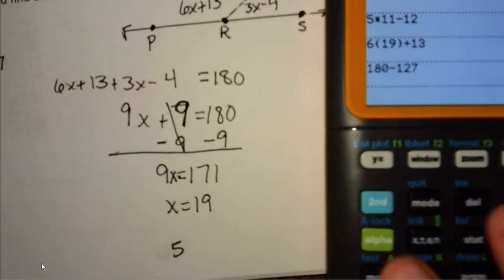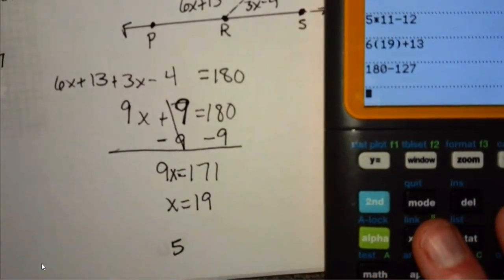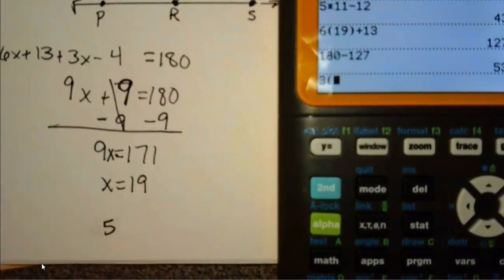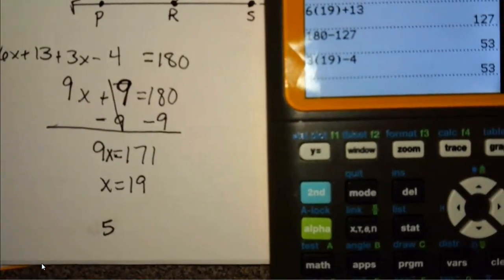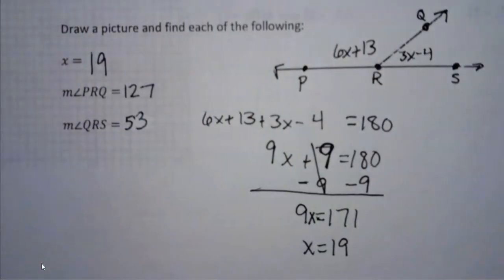If we did it wrong, it's going to be something else. 3 times 19 minus 4. Yay, it's 53. Okay, we did it right. So these are our final answers.